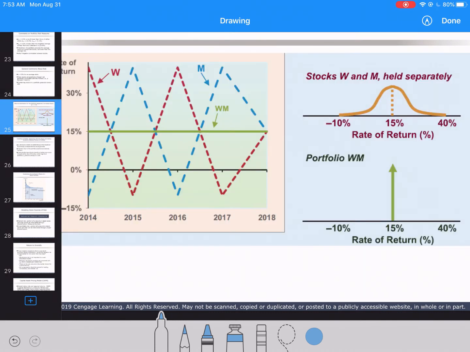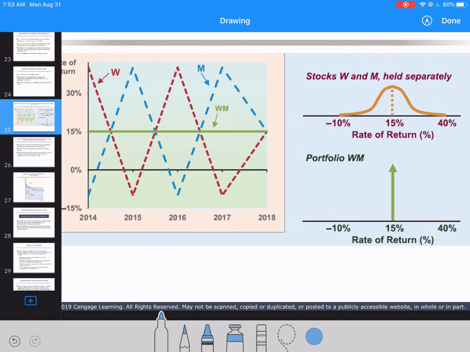Now, if I take M and W stock, the blue part is M stock, and the red one is W. You see that when W goes down to less than maybe negative 10%, M stock, on the other hand, goes up to close to 40%.